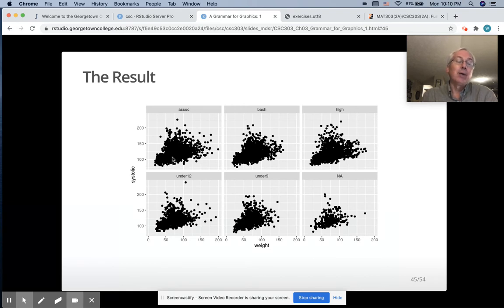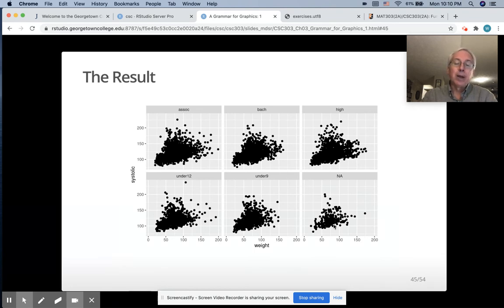There seems to be a weak positive trend no matter what education level you have. You tend to associate education possibly with wealth, but we're seeing here that it's not, at least initially, having any impact on the relationship between these 2 variables.